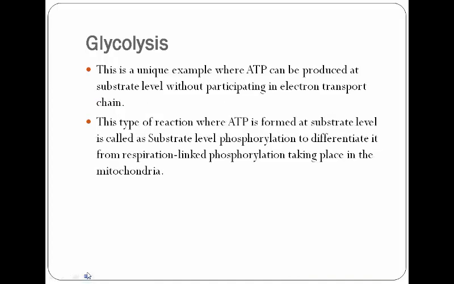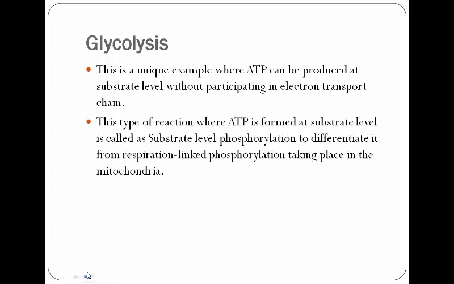The importance of this reaction: this is basically the unique example where ATP is produced at substrate level without participating in the electron transport chain. So what is this substrate level ATP production?